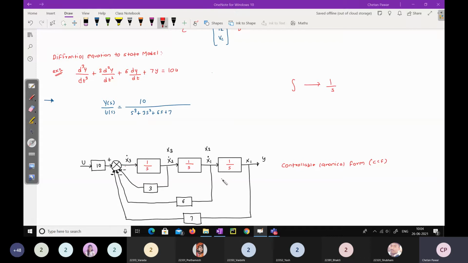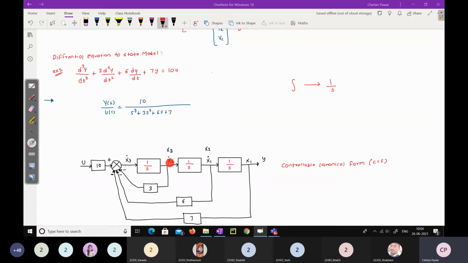Now, here you can see, at the output side I have taken a state variable x1, here I have taken x2, and here x3. Now x2 is equal to x1 bar because that is the input to this integrator, and the output of that integrator is x1. Similarly x3 is equal to x2 bar.